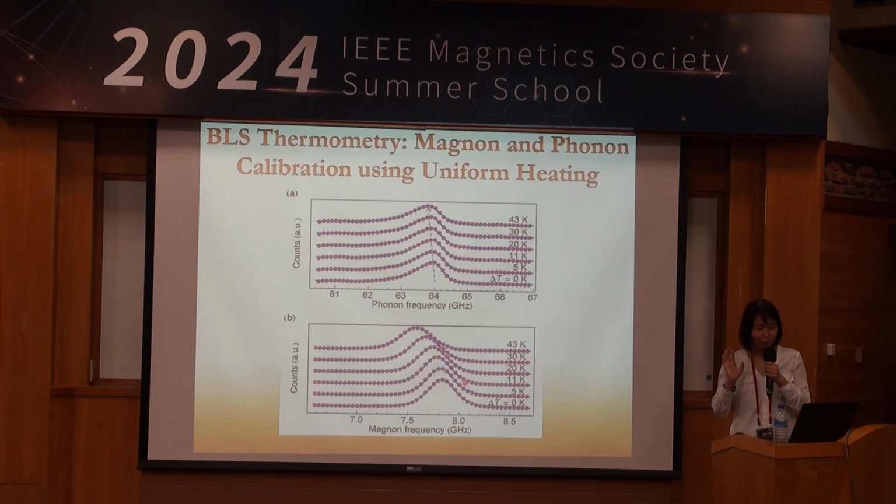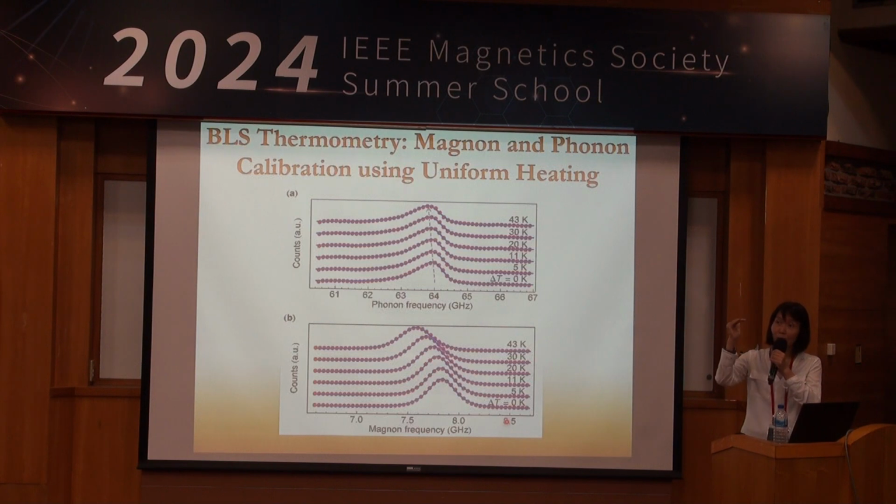Right, so I really rushed through it, but let me just repeat the basic steps. What I'm trying to do is to find a new way to define magnon and phonon temperature by looking at their light scattering spectrum. The first step is the calibration step: measure the phonon and magnon spectrum at room temperature. Then I put the sample on a heater stage.